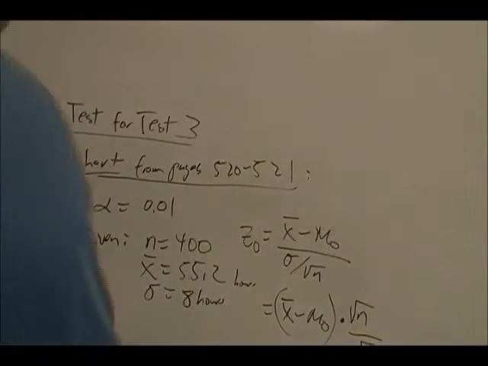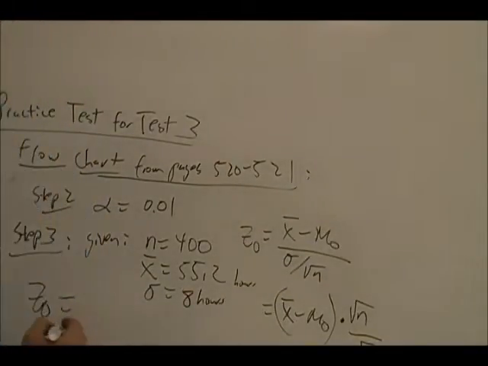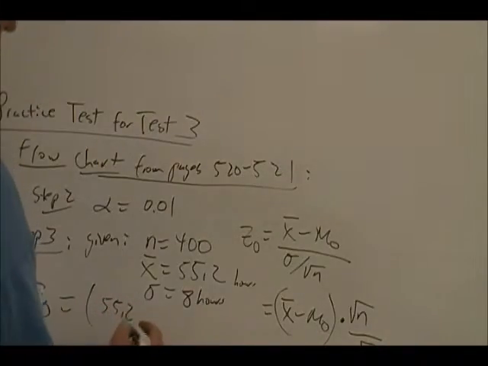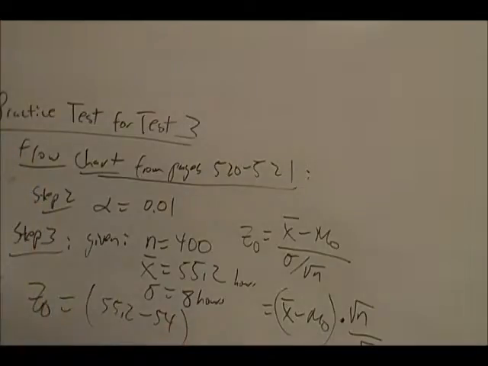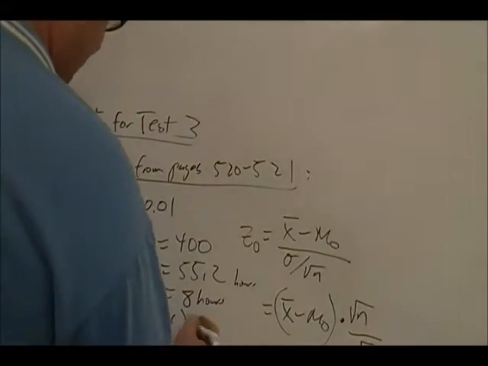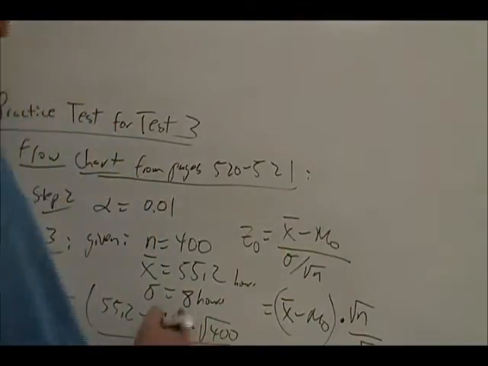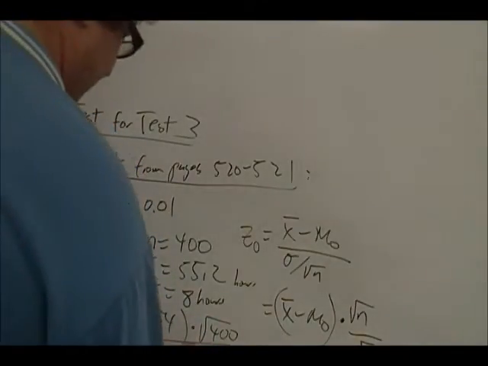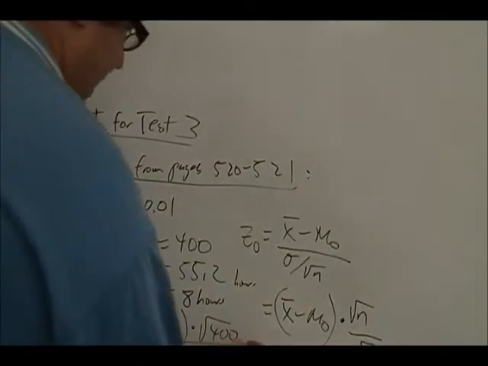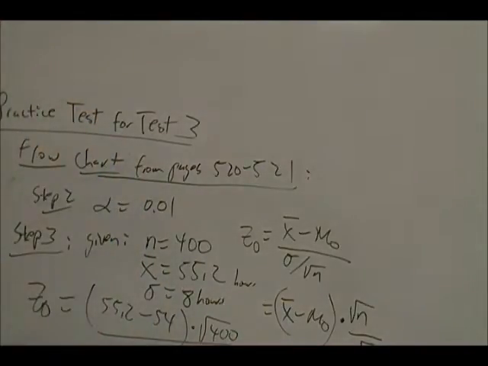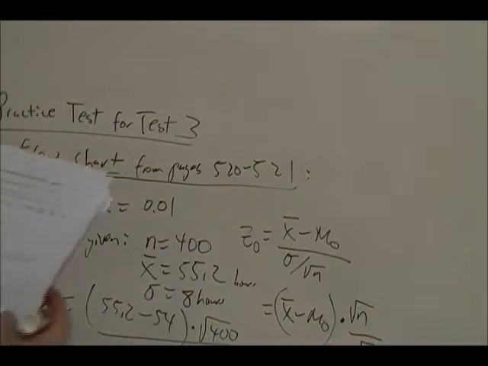When you do that, you get Z0 is equal to 55.2 minus 54 times the square root of 400, all divided by the standard deviation, which is 8. If you plug all that into your calculator correctly, what comes out is 3.0.